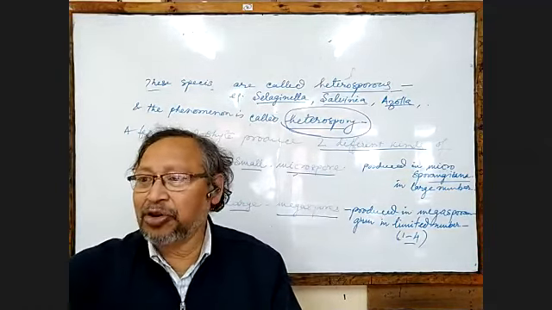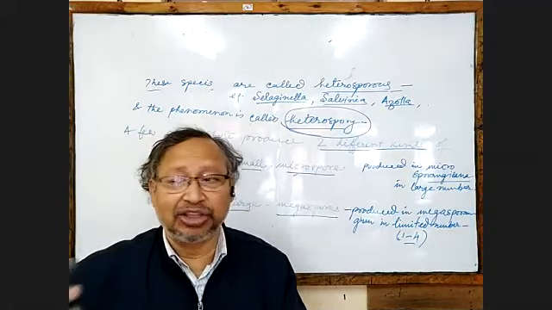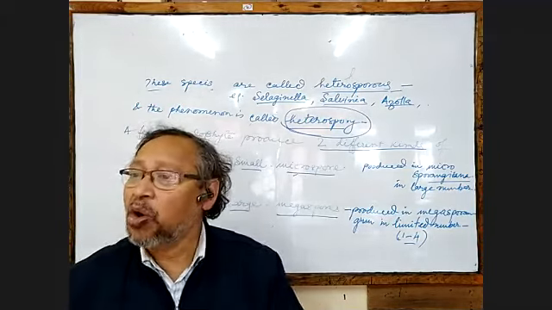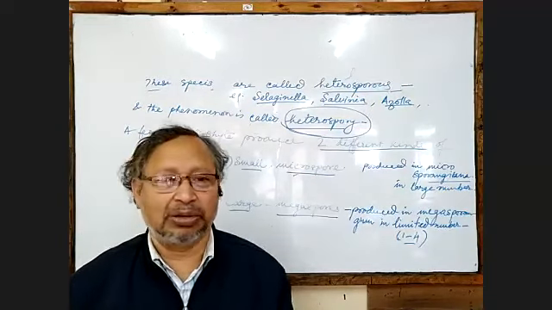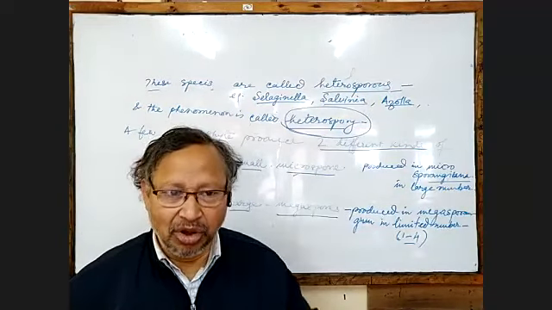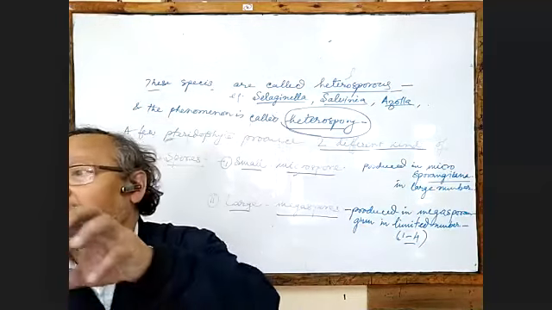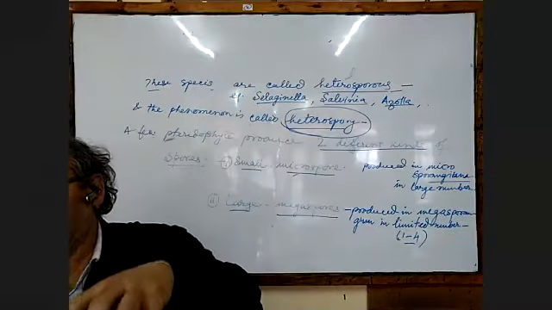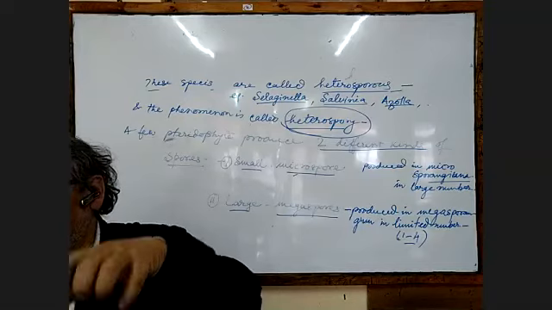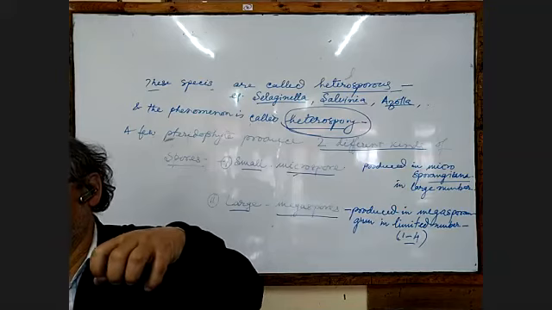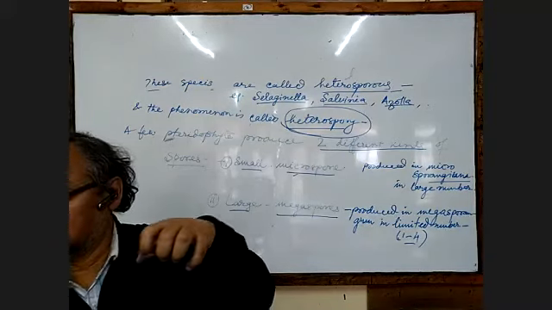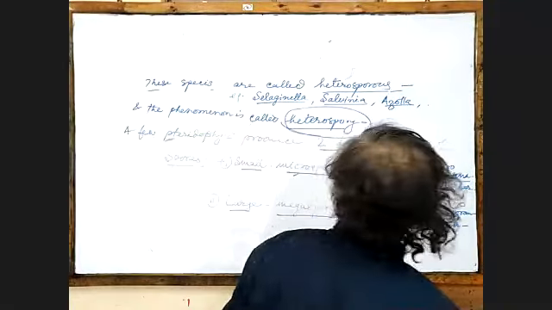After that, if we go to the higher group of plants, gymnosperm, angiosperm, all are heterosporous. There is no homospory. So, this pteridophyte is at the transition point in the evolution of the plant. This is very, very important.